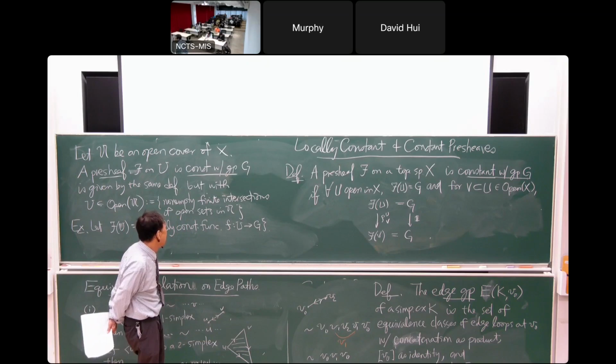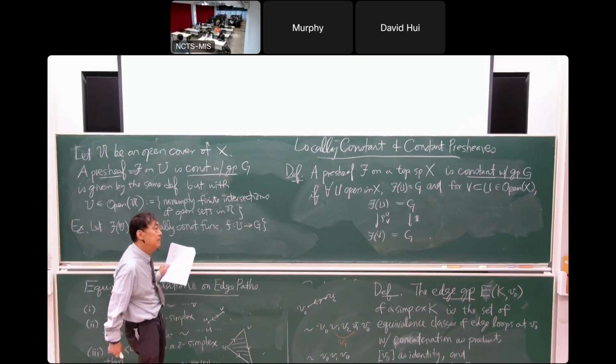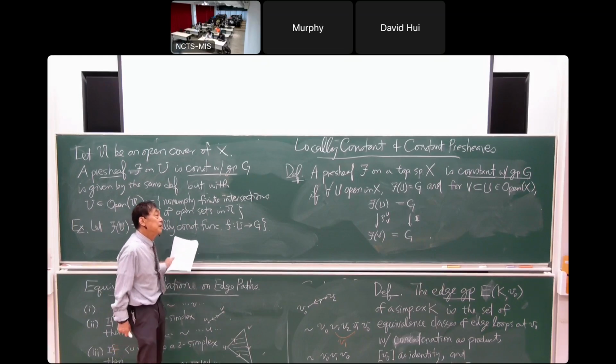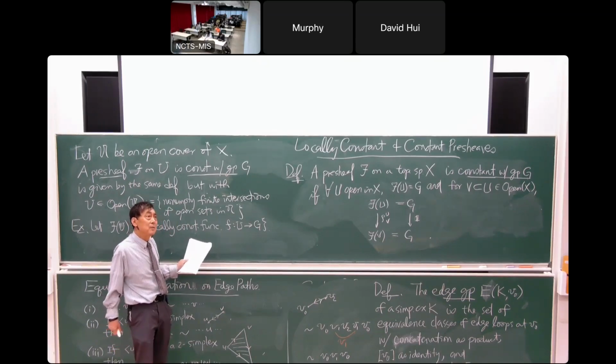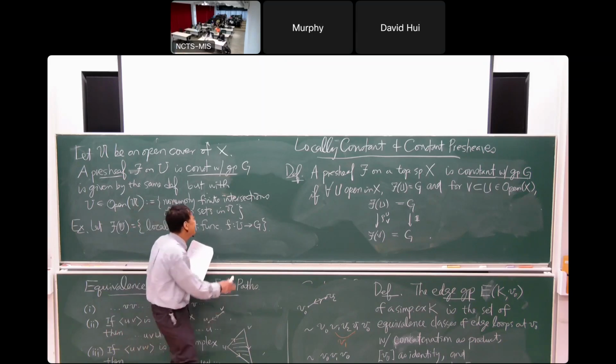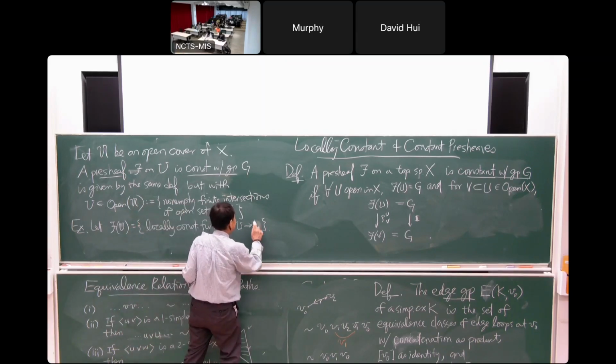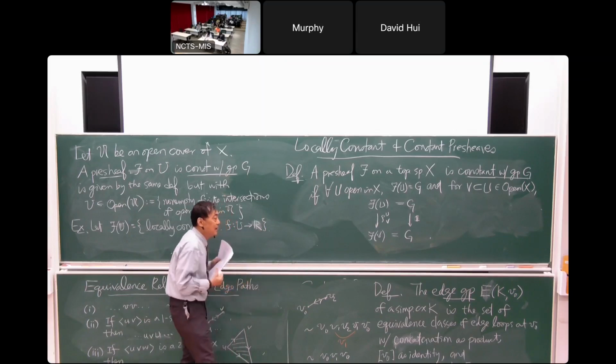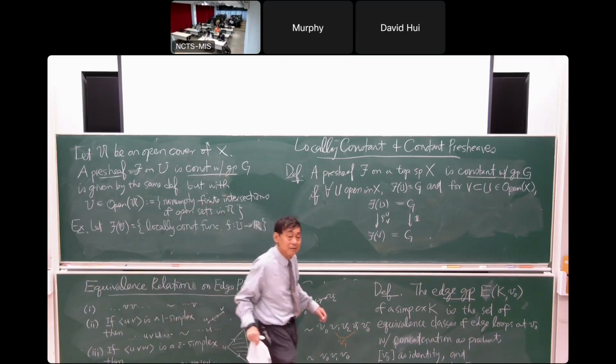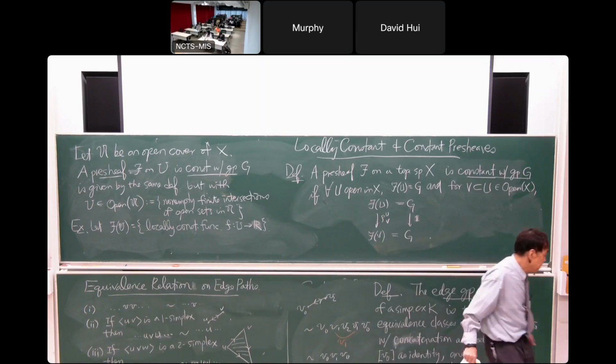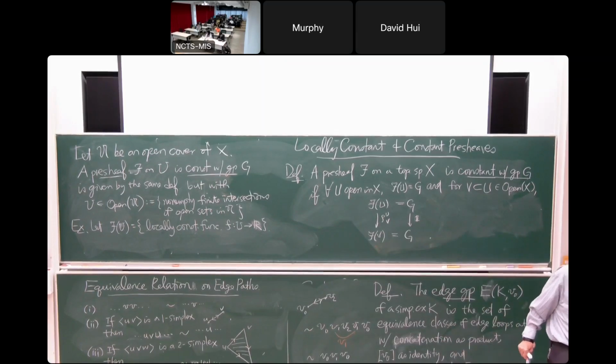Oh, well, okay. To talk about locally constant, do you need a topology on G? Let's just change this to R, okay? Just to make it simpler. I looked at locally constant real valued functions. So is it true that on every open set, you just get R?